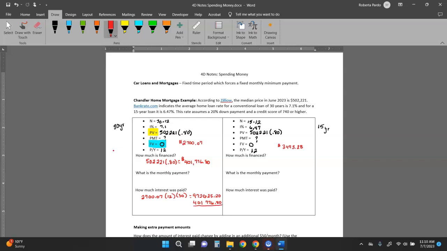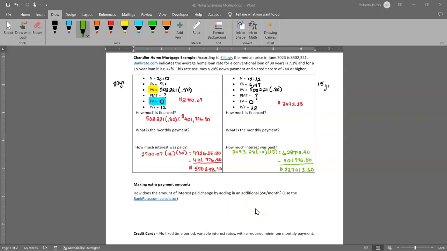When we subtract these two values, we end up with the amount of interest paid, which is $570,000. Remember, the house we purchased was $502,000. We've just paid more in interest over 30 years than we did for the actual price of the home.